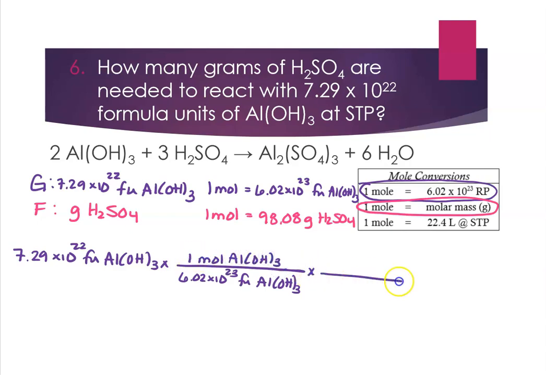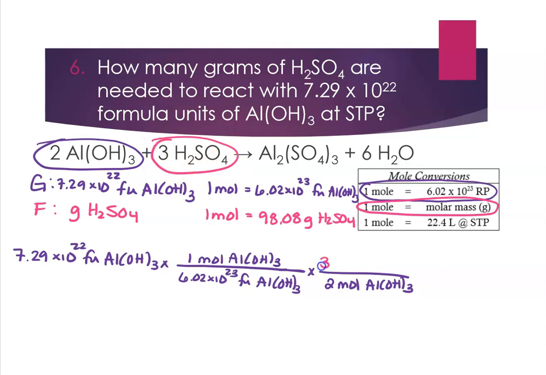And then I need to convert from moles of Al(OH)3 to moles of H2SO4, so I need my mole ratio. Al(OH)3 is on top, so Al(OH)3 will go on the bottom. And in my equation, I have 2 moles of Al(OH)3. And then on top, I have 3 moles of H2SO4.